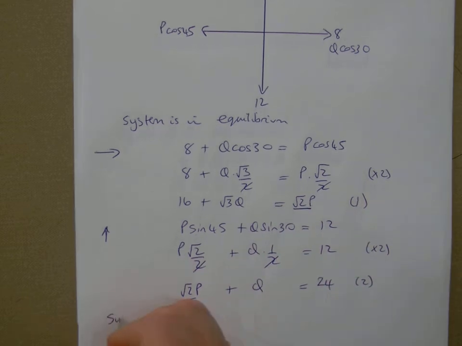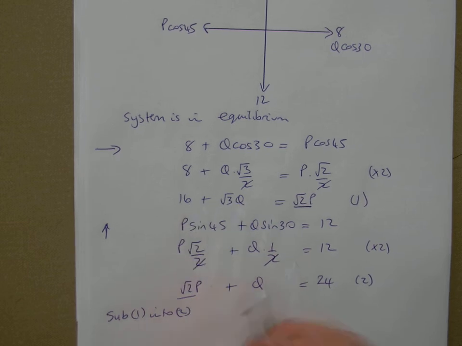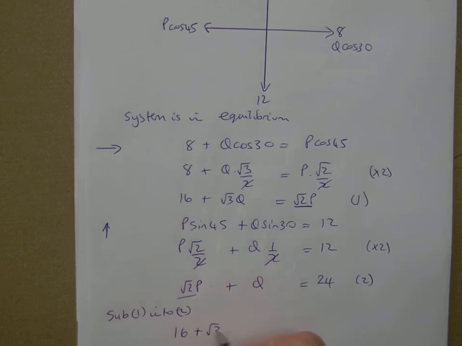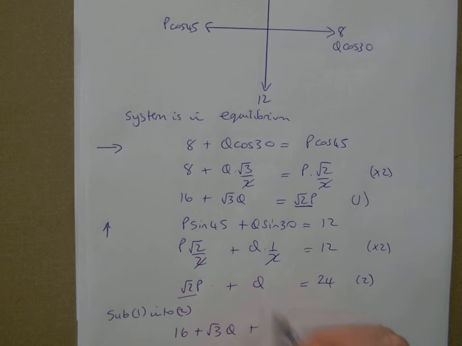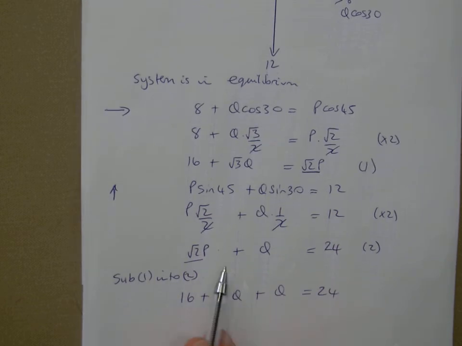Instead of root 2P, I write what root 2P is equal to in 1: 16 plus root 3Q plus Q equals 24. I'm replacing the root 2P with what I got from 1.